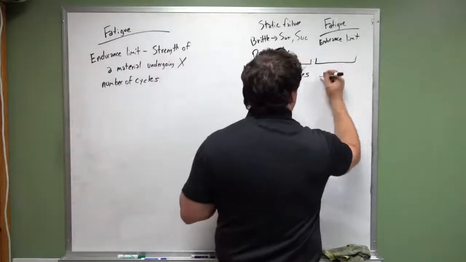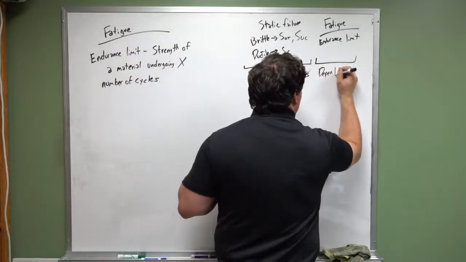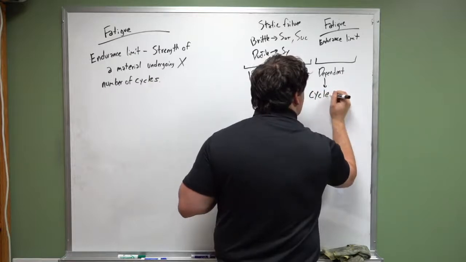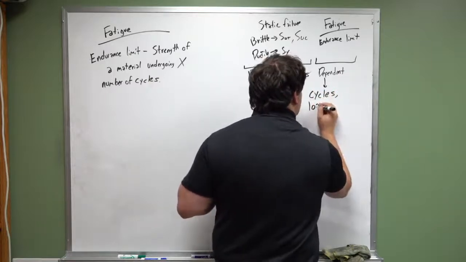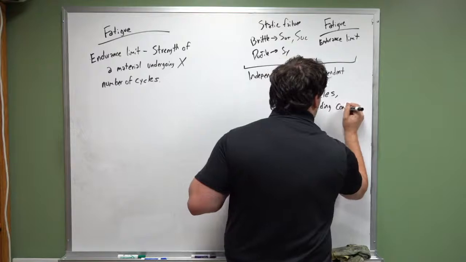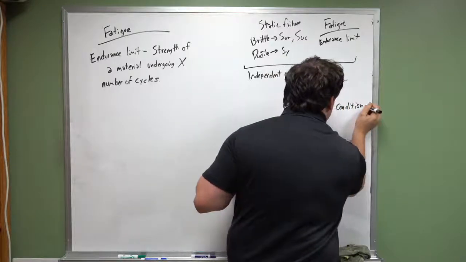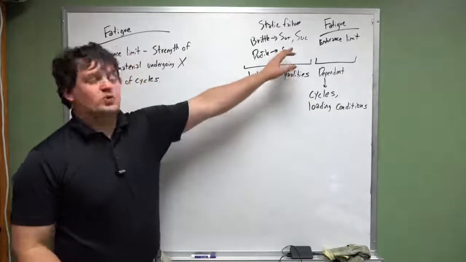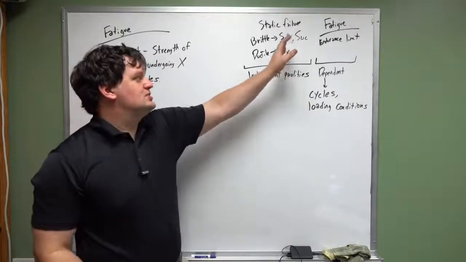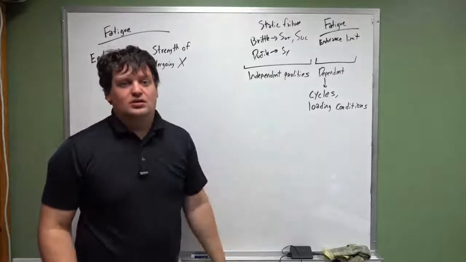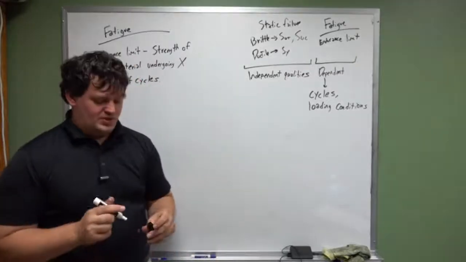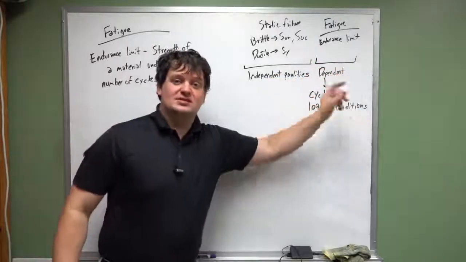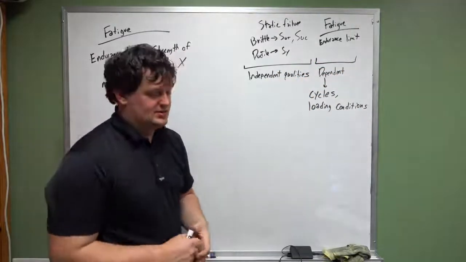However, this is a dependent quality because it depends on the number of cycles it experiences, and the loading conditions. So the endurance limit itself is a lot more complex than just going and grabbing from a table SUT, SUC, or SY. This is why a lot of companies will insist that you cannot know what the endurance limit is unless you actually test it. Okay?